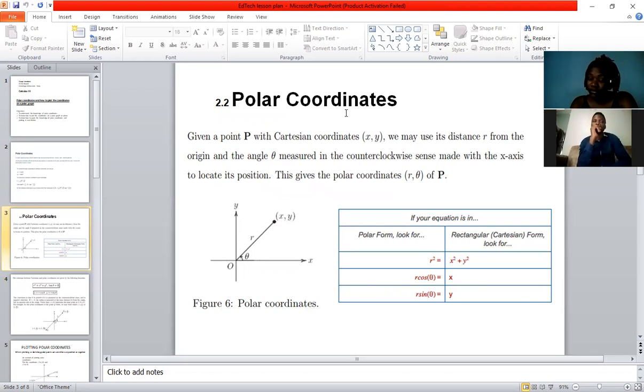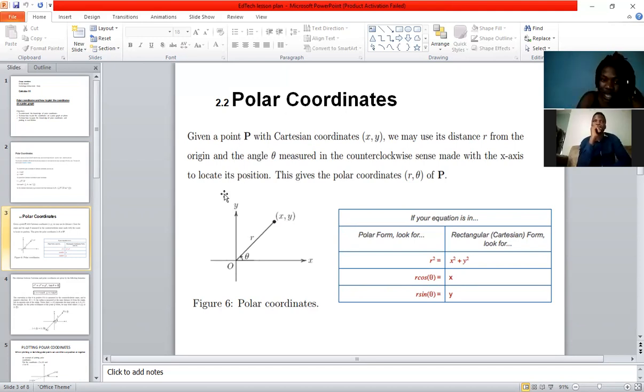Say you are given a point with coordinates x, y from the origin and the angle measured. This gives the polar coordinates as r and theta of P. Remember our point was P.